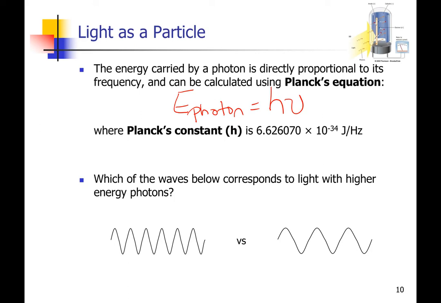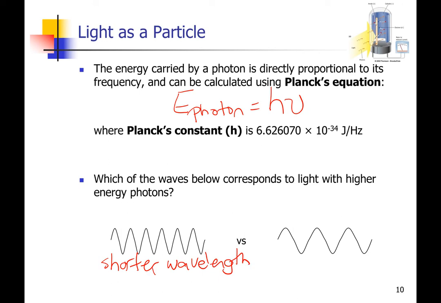I've got a graphical representation of that at the bottom here. You can see two waves of equivalent amplitude, equivalent intensity, but the one on the left has a much shorter wavelength. And you will recall that frequency is the number of complete cycles of a wave that can pass through a given point in a given unit time.